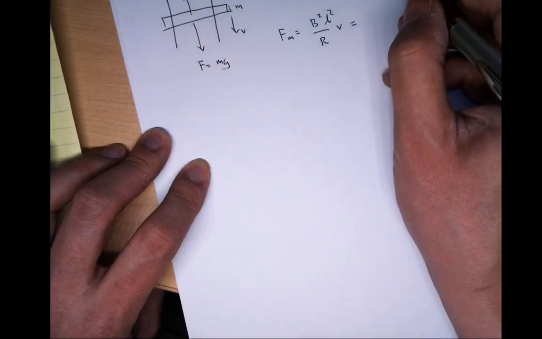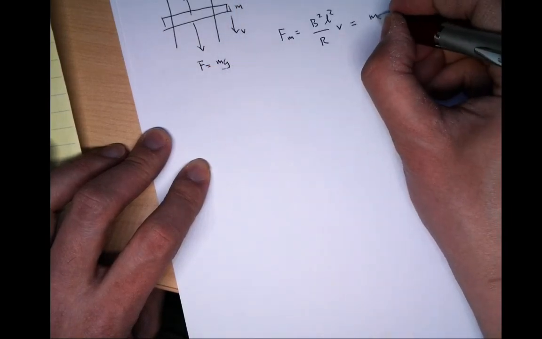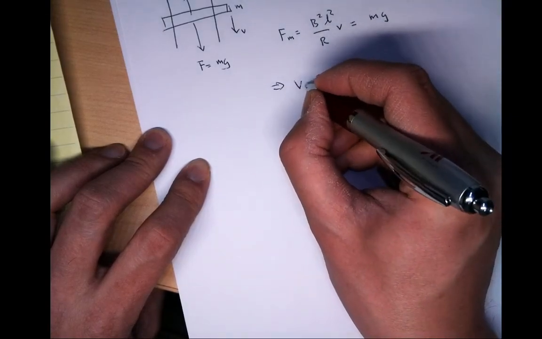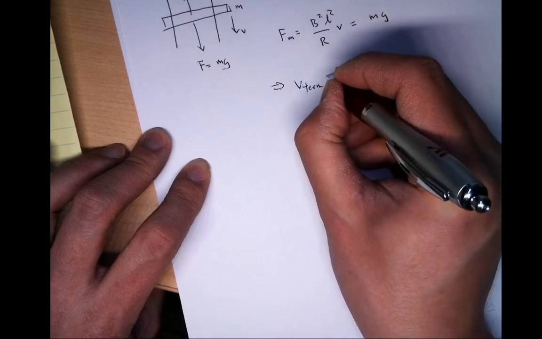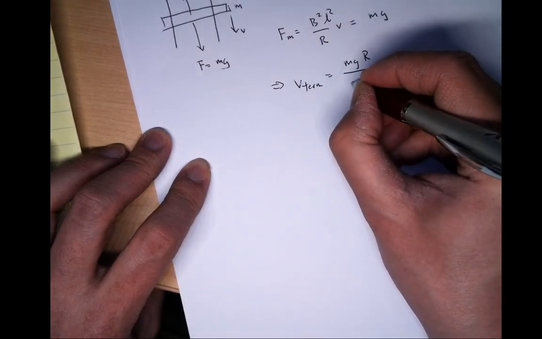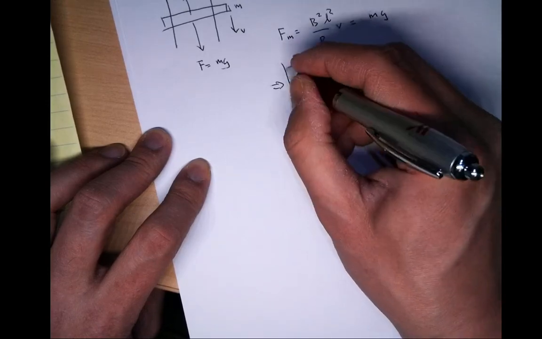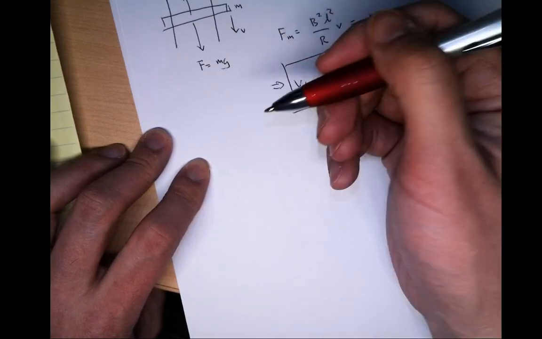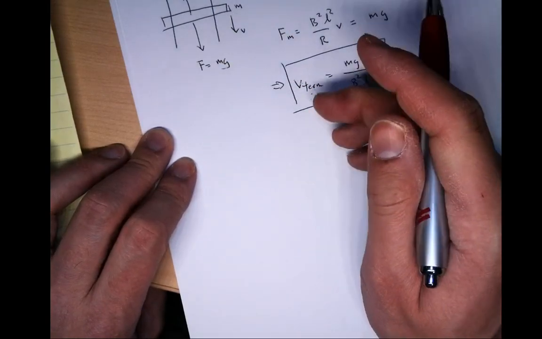That's going to have to equal mg. And so that gives me a terminal velocity: v terminal is equal to mgR over B squared L squared. So it keeps falling until it hits this terminal velocity, and then it will slide down at constant velocity.